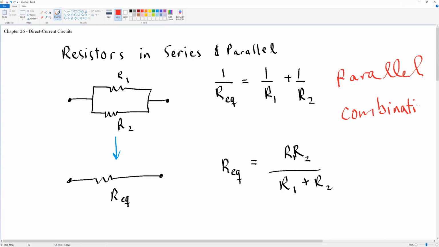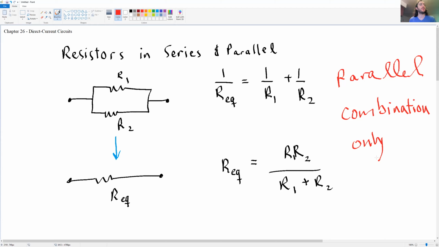Professor, can you do this with more than one, or is it only for two? The top formula will work if you have n resistors. The bottom formula is very inefficient if you have more than two, so I only present the formula on bottom for the case of two resistors. If you have three resistors, it may be faster for you to do product over sum and then do product over sum again.